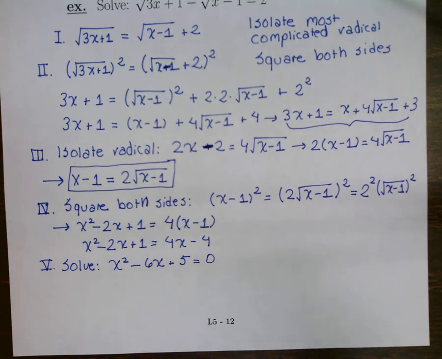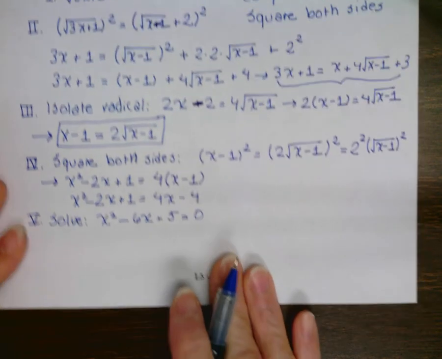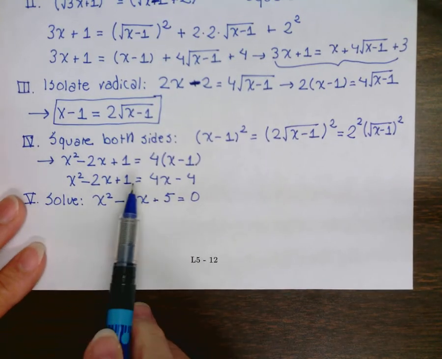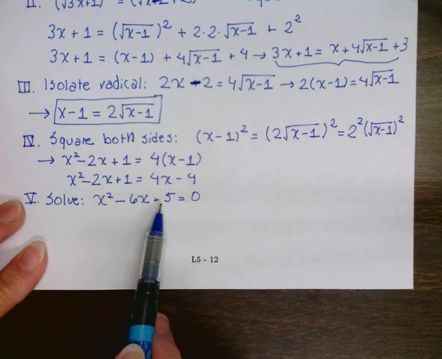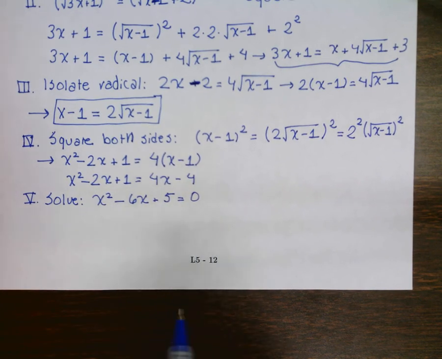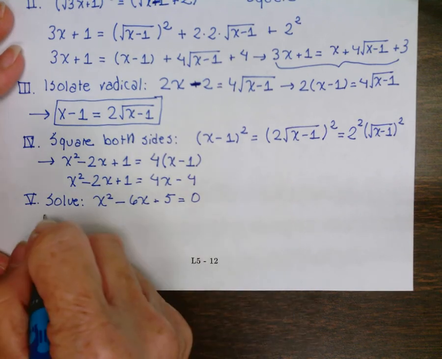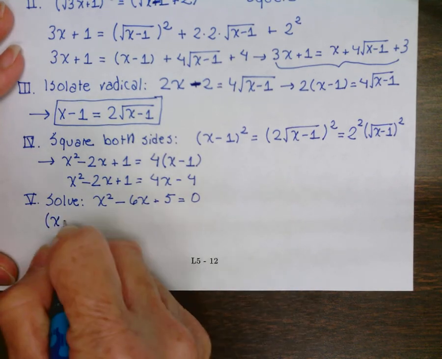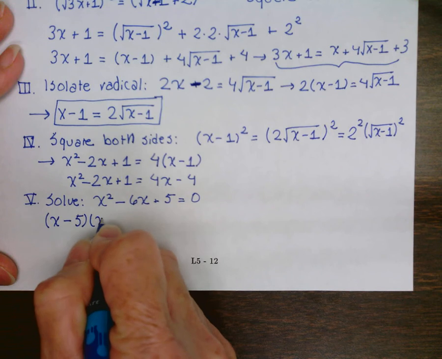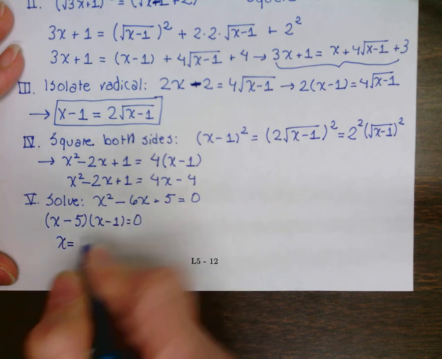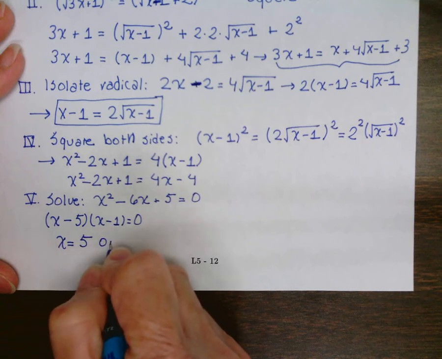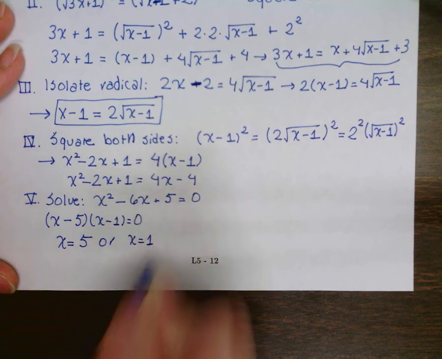Just double check your steps at each stage as you're going along. Let me make sure I did that right. It's x squared minus 6x, and that will come over as plus 5. Okay, and then I know how to solve that. I can factor. So I have two choices, x equals 5 or x equals 1.